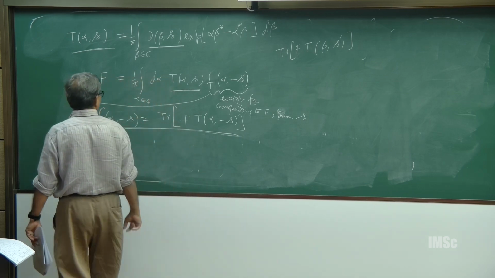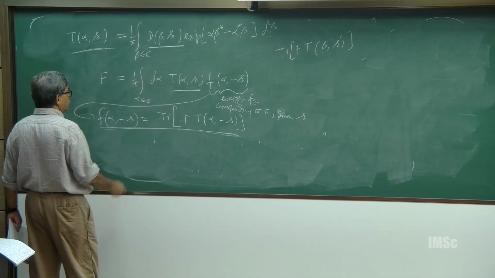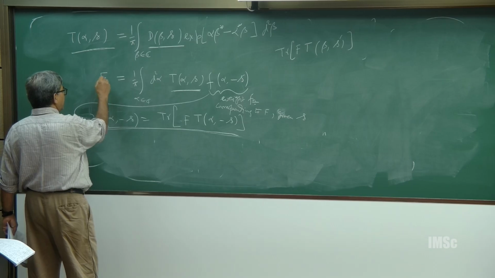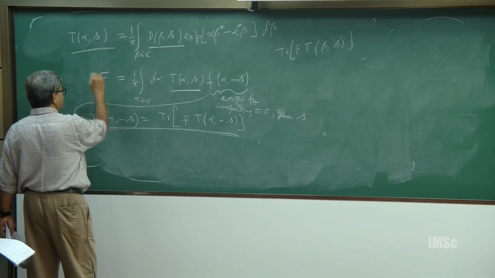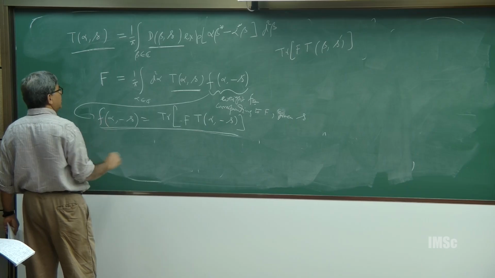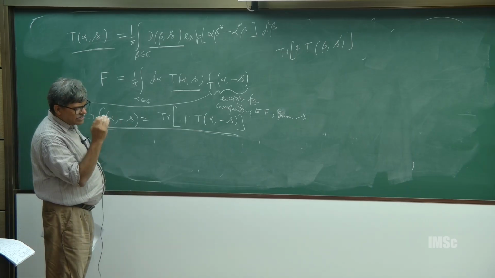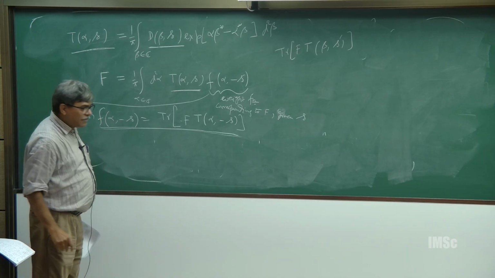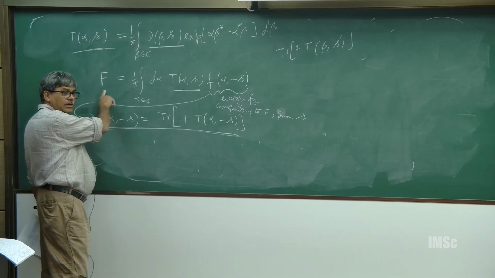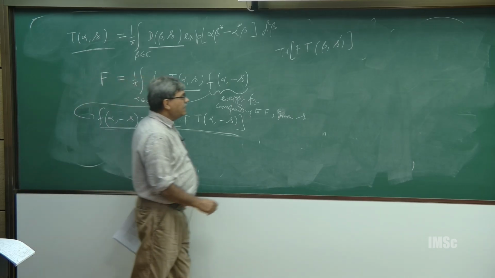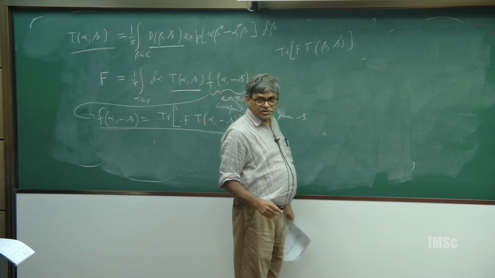So, therefore, any operator, of course, has to be bounded. In fact, one can extend this a bit more. You do not have to take it to be bounded always. What you can take is a trace class operator.